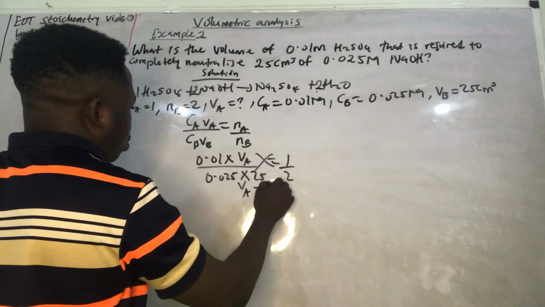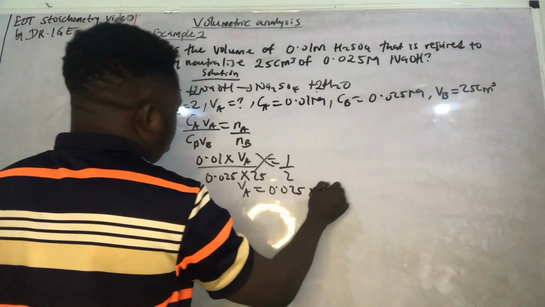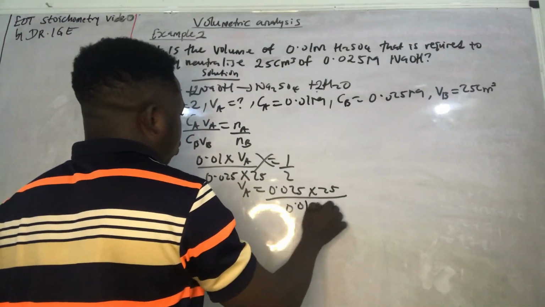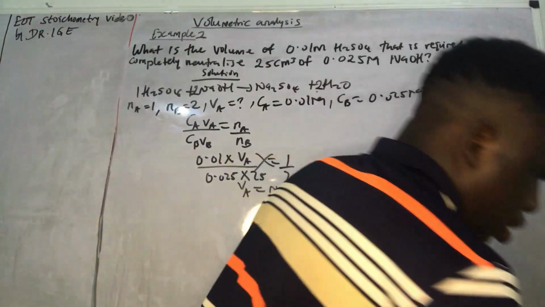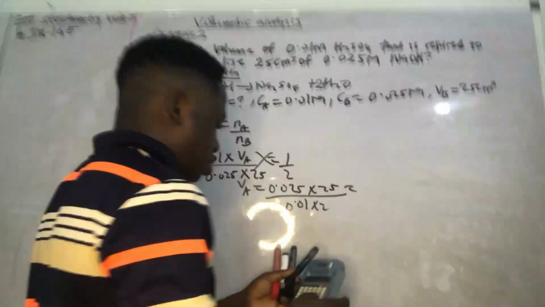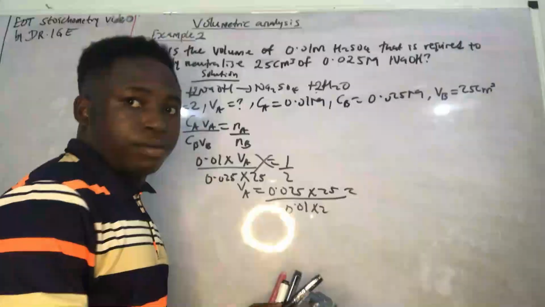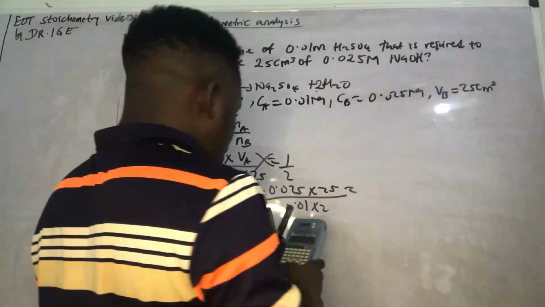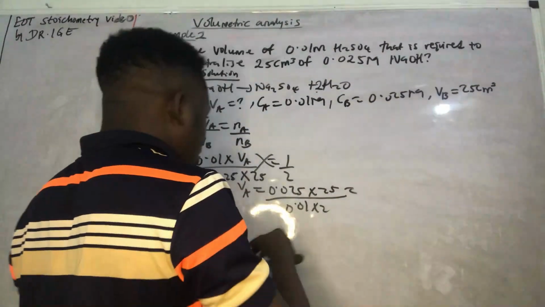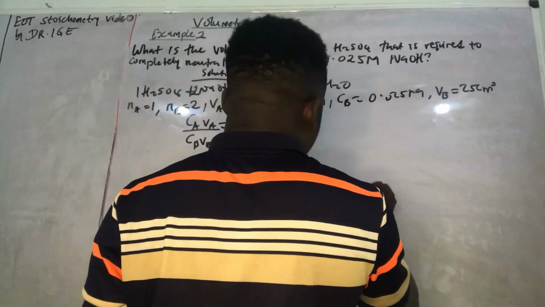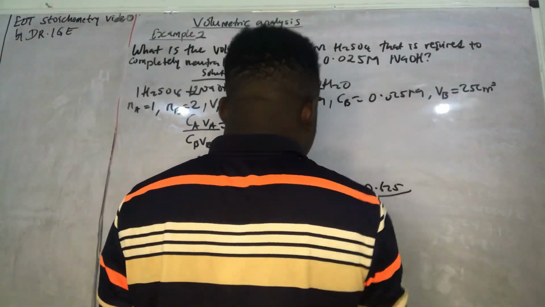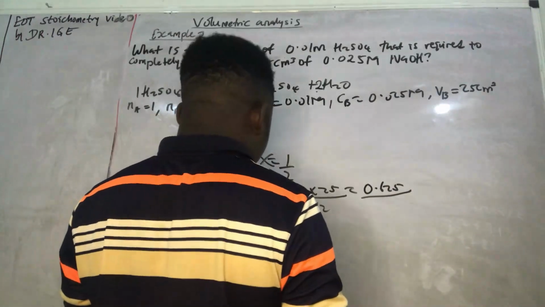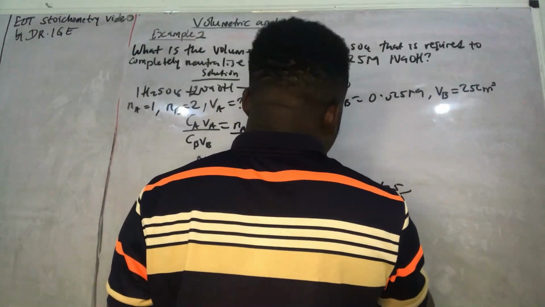Va is equal to 0.025 times 25 all over 0.01 times 2. So let's solve. We have 0.025 times 25, 0.625, all over 0.02.